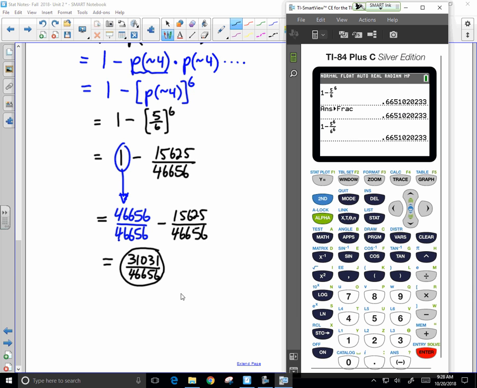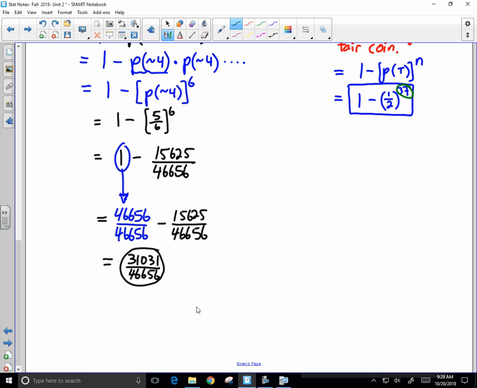So another way to go, if you have to do it by hand, because I need a fractional answer, is like this. You have 1 minus 5 to the 6th over 6 to the 6th. Instead of getting into the messy numbers, get your common denominator now. 6 over 6.